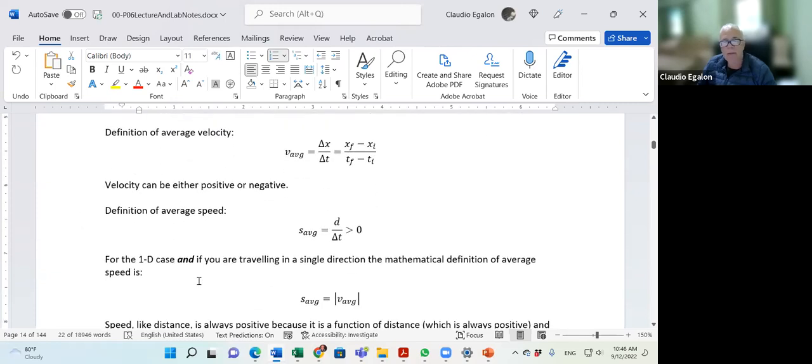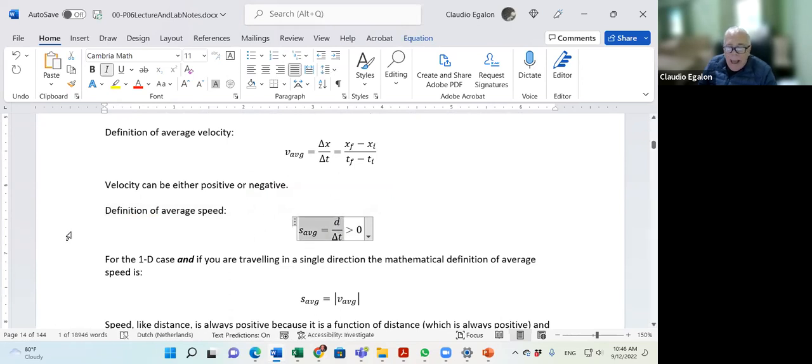Velocity can be either positive or negative. Average speed is going to be the distance traveled divided by delta t. In one dimension, that's how we define average speed: the distance traveled over delta t.